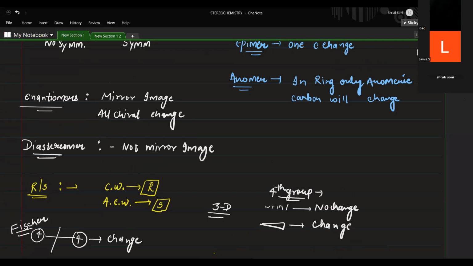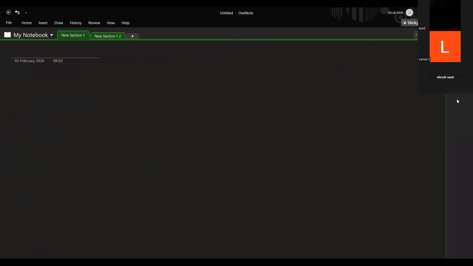It would be helpful to get the list of topics under reaction mechanism, which I asked Dhananjay sir to send again.